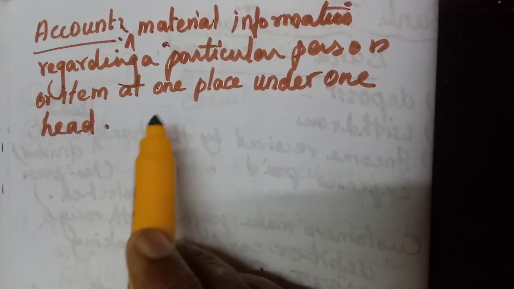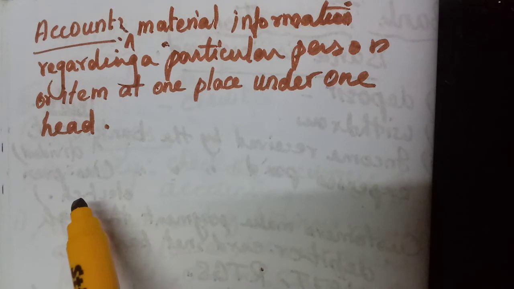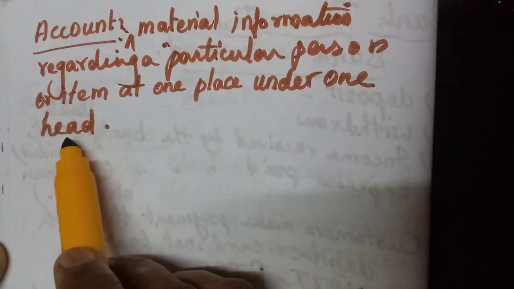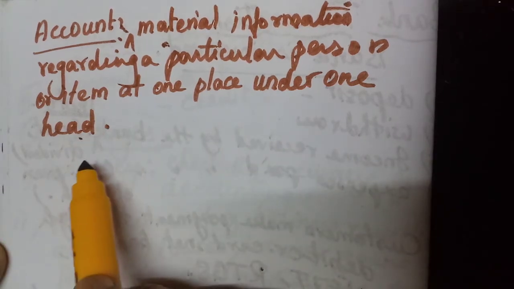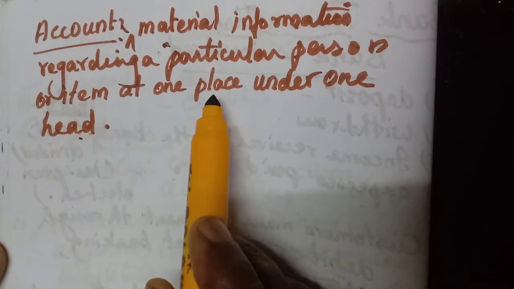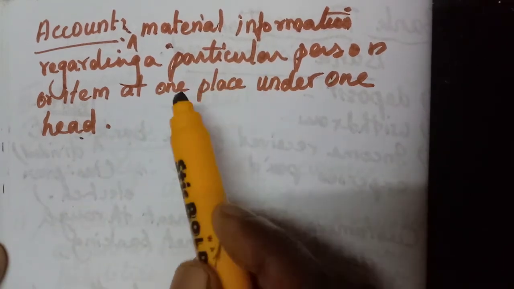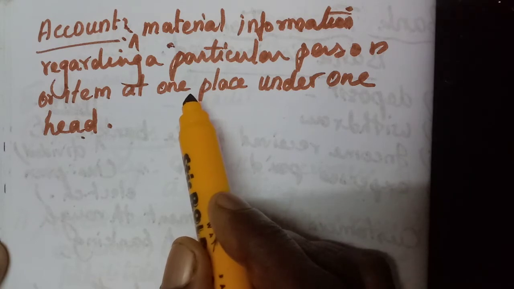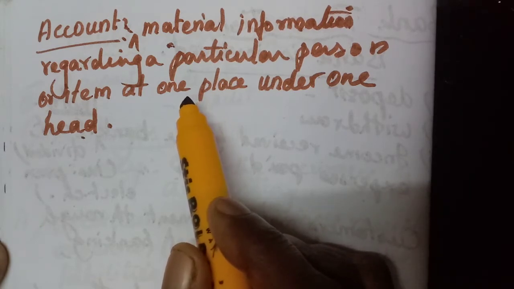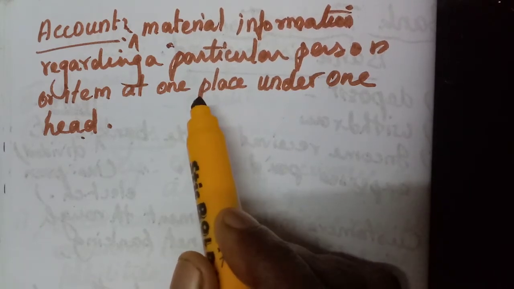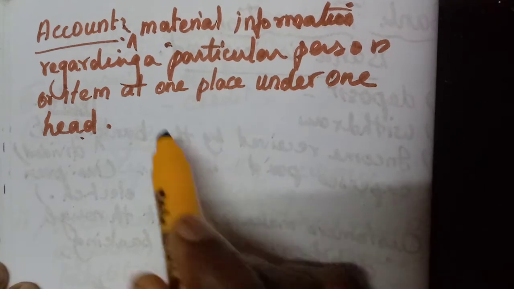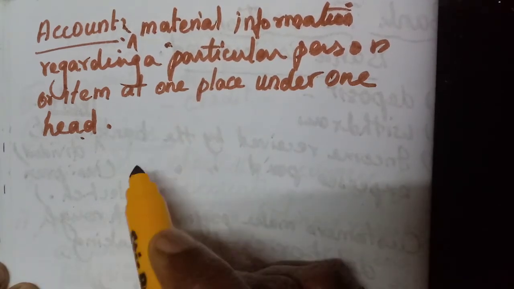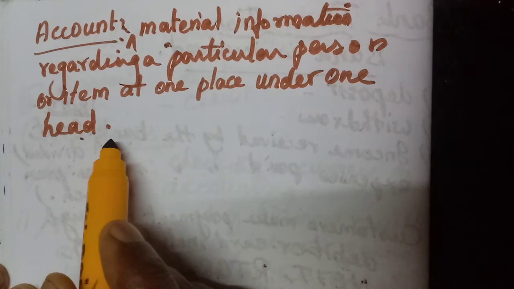All this information will be recorded systematically under one head, under his account only. All the details, the quantity he has purchased, which date, how much is the price, everything will be entered under one account. That is also an account. You might have understood, I think.